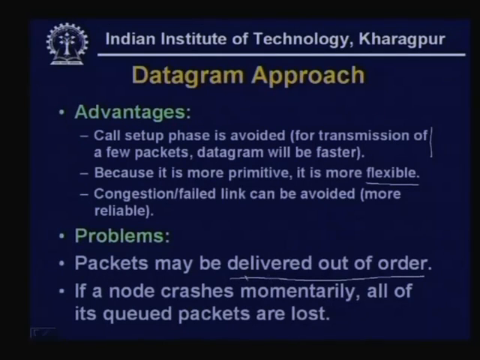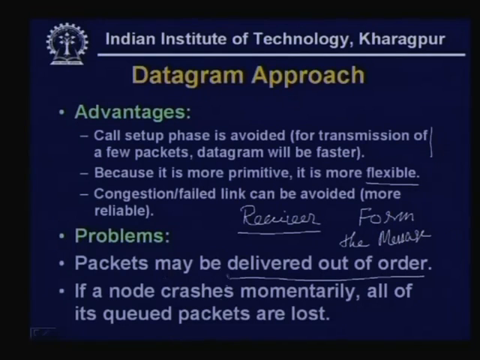Since the packets are delivered out of order, the receiver must store all the packets, then order them to form the message. The message has to be formed by combining the packets before it can be forwarded to the upper layer of the software.